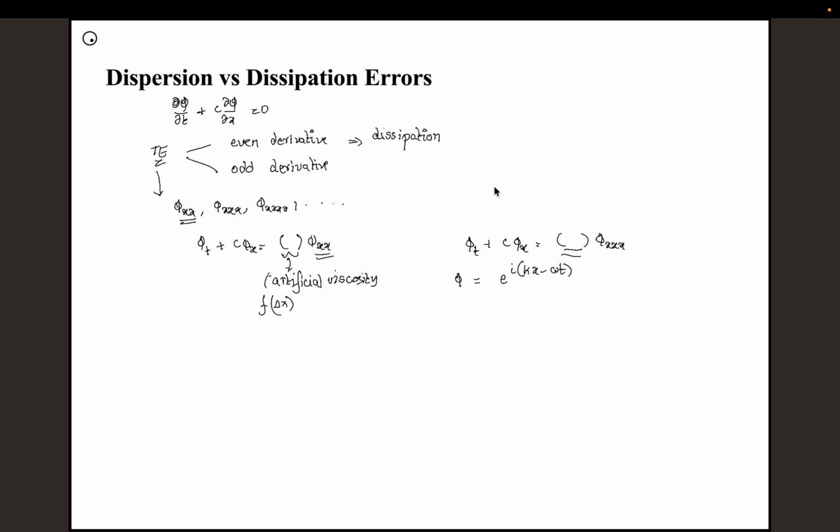Ideally, we would expect the phase speed, Vp equal to omega by k, to be equal to c, whatever speed that we have.